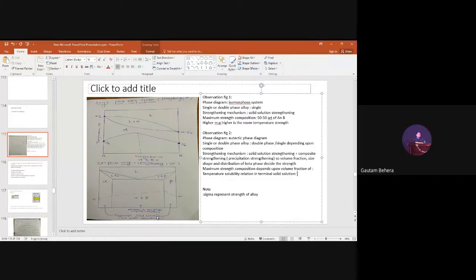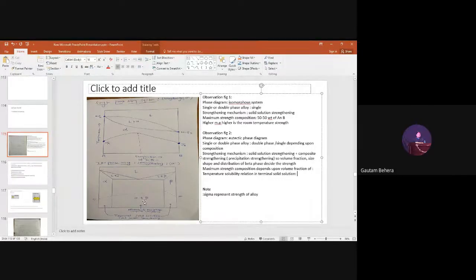So now that is the answer. Can you tell me why this is having a composite strengthening? Because the beta is a different phase, alpha is a different phase. You are combining the two things, so it becomes a composite kind of material.